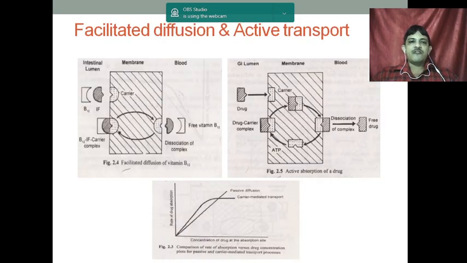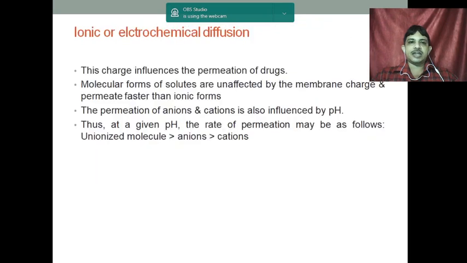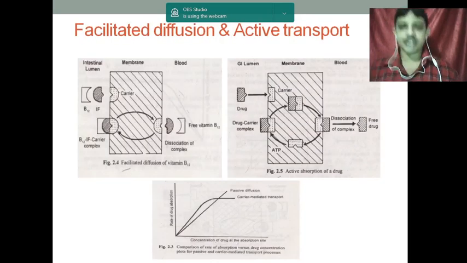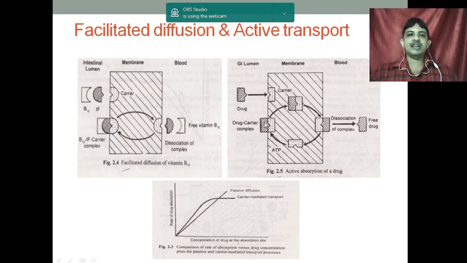Now coming to facilitated diffusion and active transport. In both cases, it is carrier mediated transport, because they require a carrier. In this process, the drug molecule binds to the carrier.